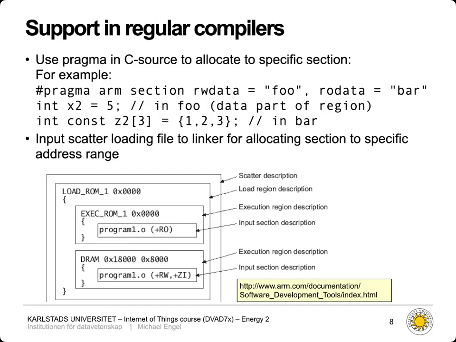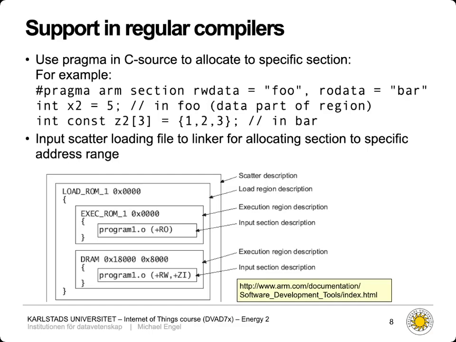And since we know the address of our scratchpad memory, we could, for example, instruct our linker script to put a certain section or segment of our binary executable file directly into scratchpad memory. So every access to this code in the scratchpad memory would be much more energy efficient.